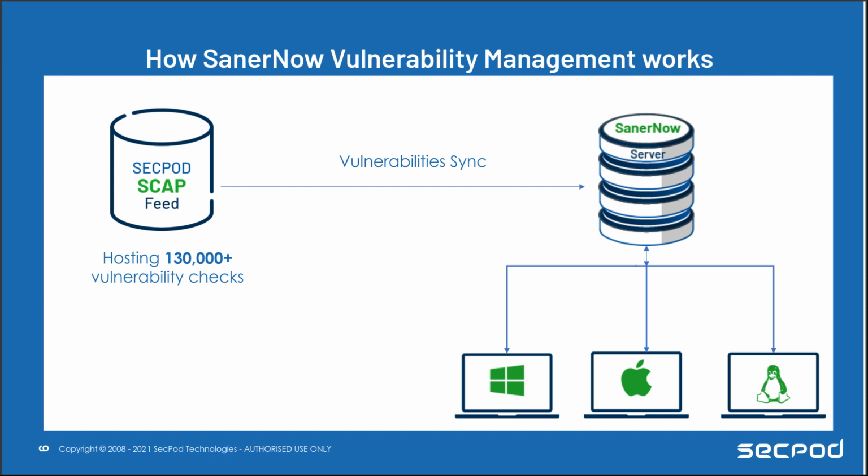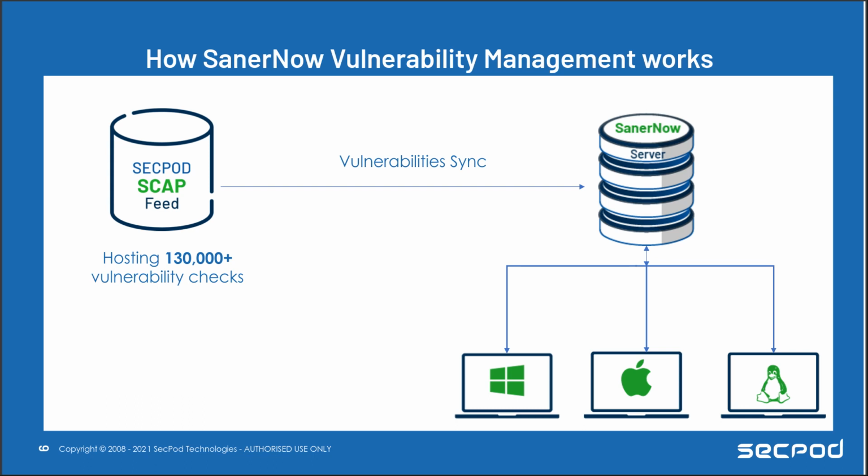So now tell us about how Now vulnerability management works. The Now architecture comprises three major components: the server, the agents which are installed in the endpoints, and the SCAP repository. As I mentioned earlier, SecPod hosts the world's largest vulnerability database with over 130,000 plus vulnerability checks. So the latest vulnerability checks are constantly updated to the SCAP feed repository.